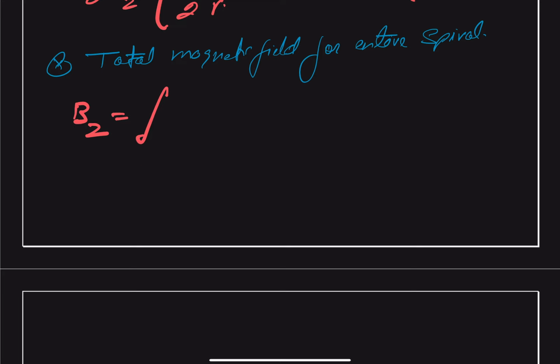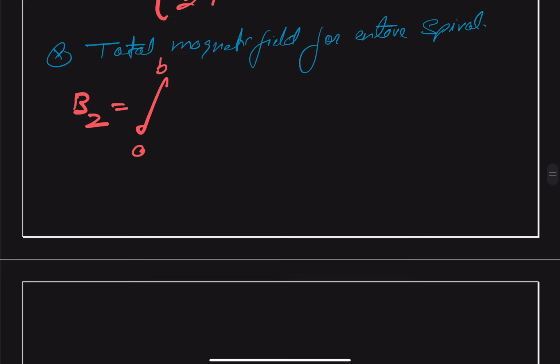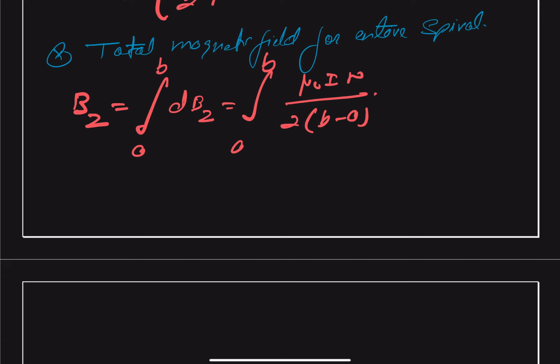That will be integration from a to b of dBz, which can be further written as, substituting the value, mu naught I N divided by 2 times B minus A, and here we have dr upon small r.